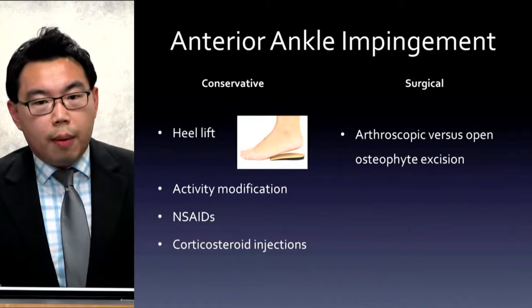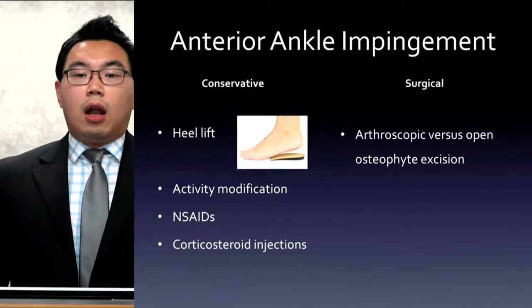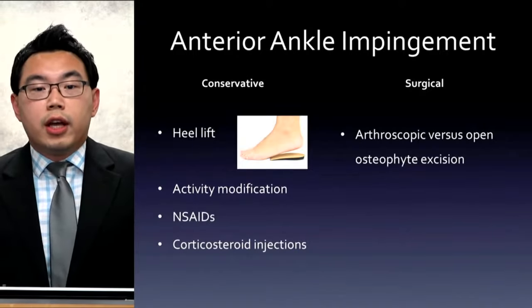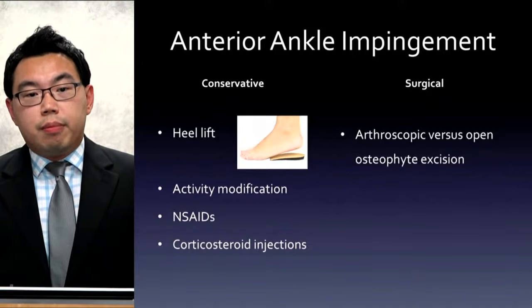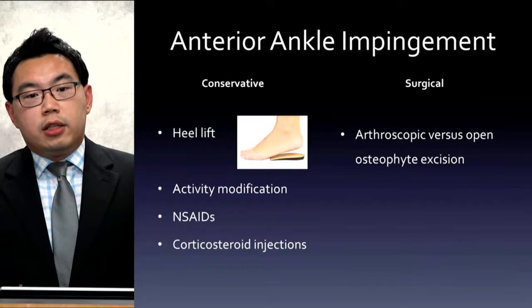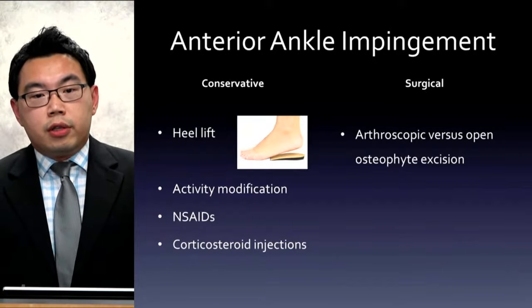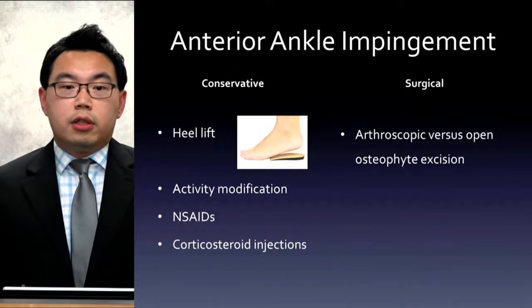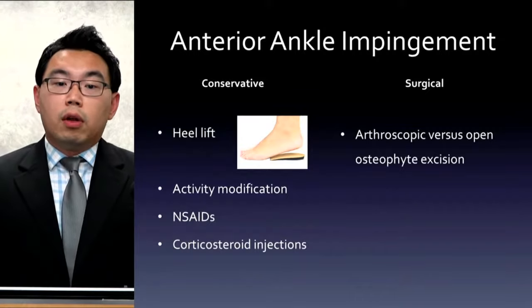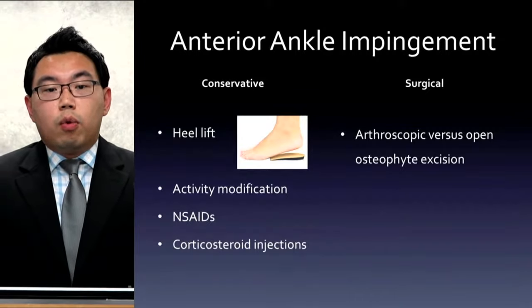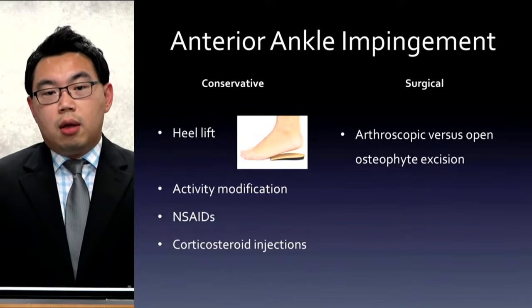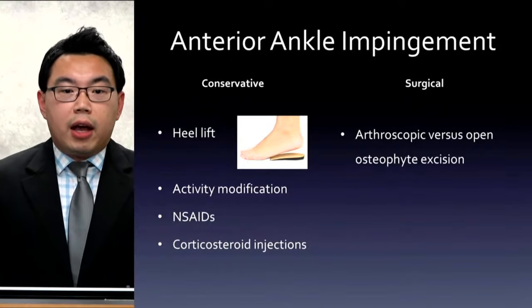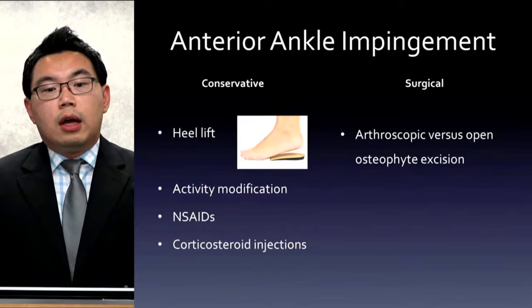And what do you do with these things? As you can see, there's a common theme with a lot of foot and ankle conditions that we're going over today. The first line treatment is always non-surgical, or conservative in nature. In this case, because there's pinching, the conservative option often consists of a combination of heel lift, meaning that we try to limit the amount of dorsiflexion you have when you're walking by putting a little bit of lift in the back of your heel, in your shoes.